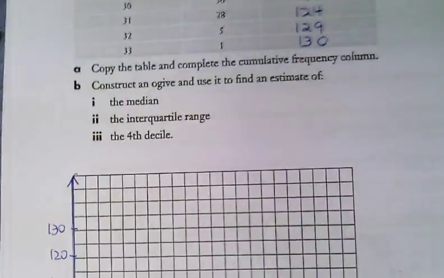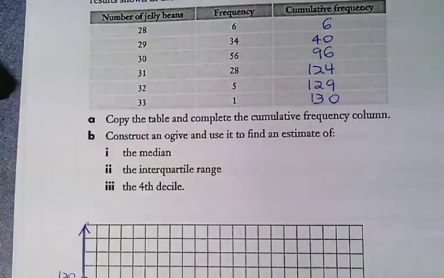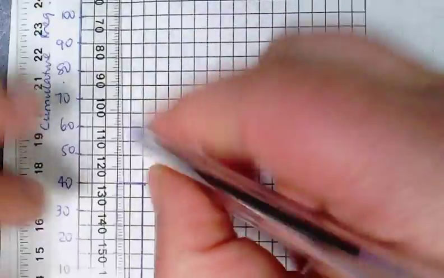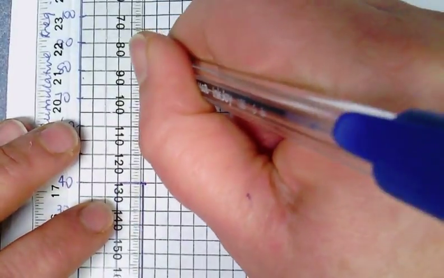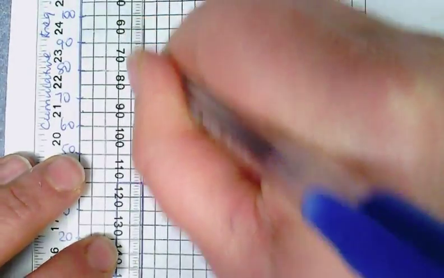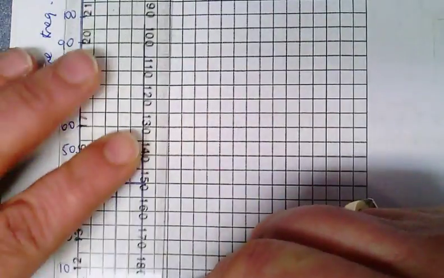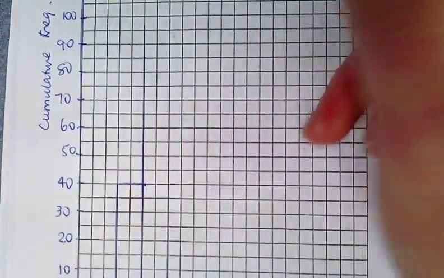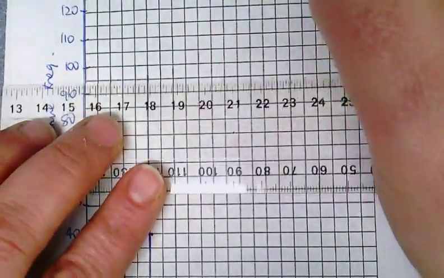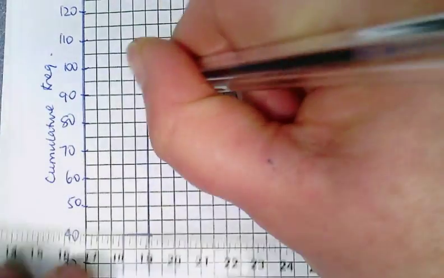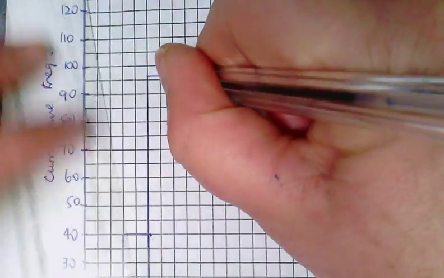And the next cumulative frequency for 30 is 96, and then I've got 124. So the next one's going to be 96 for 30. If we've got 90 there, that's 95, a little bit higher than 95 would give me 96, so about a millimeter higher.